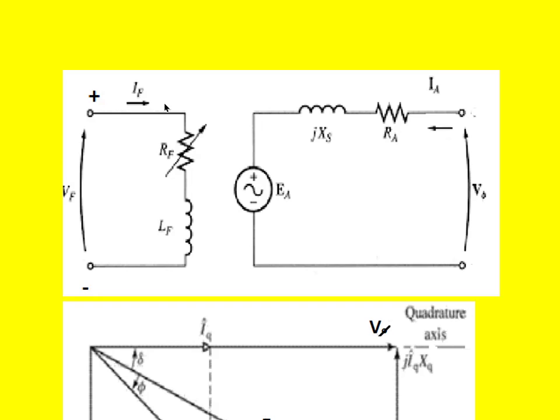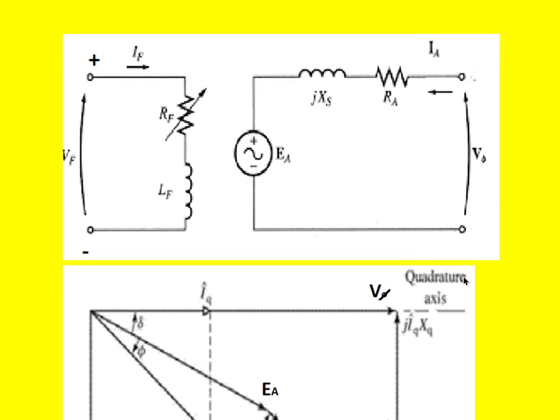This current is called the rotor current or rotor field current, represented by IF. Remember, for the field winding we have polarity because we give a DC supply, whereas for the stator we give an AC supply, so we don't find any fixed polarity here.